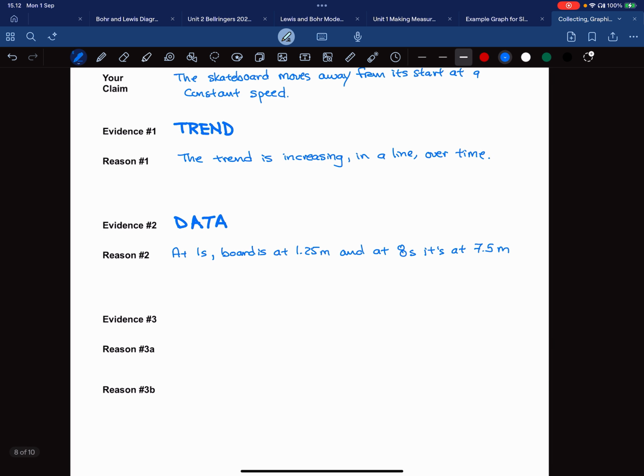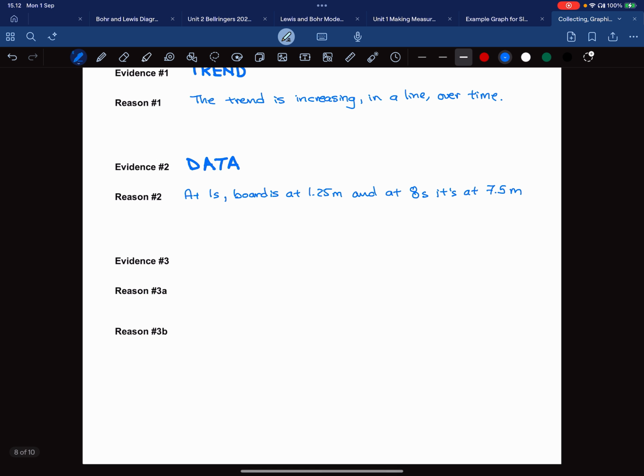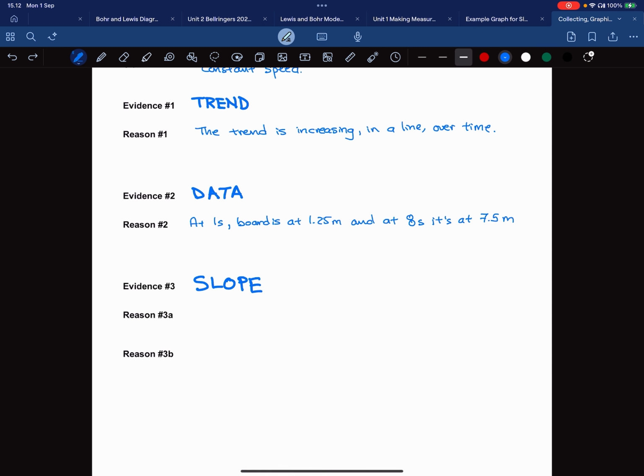The third is always the slope. And there's 2 parts to the slope, okay? The first part to the slope is whether it is positive or negative. The second part to the slope is the meaning with the units.